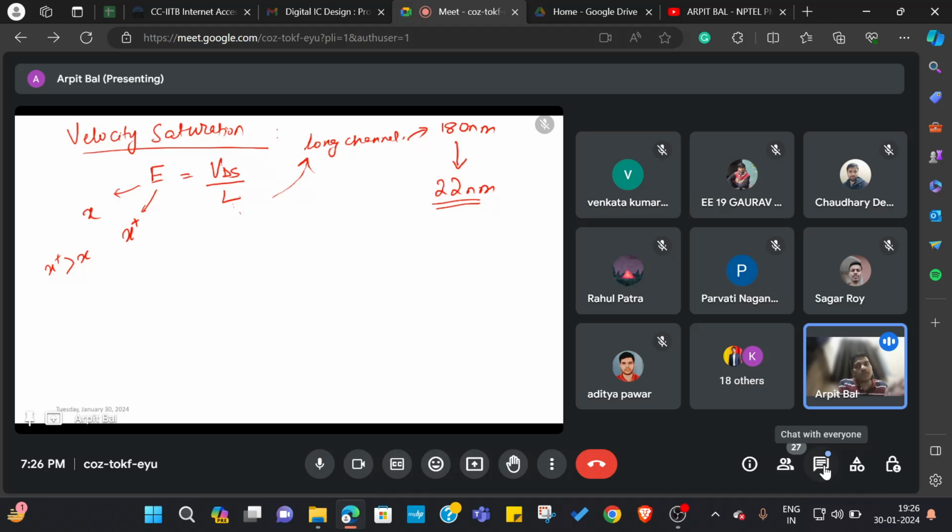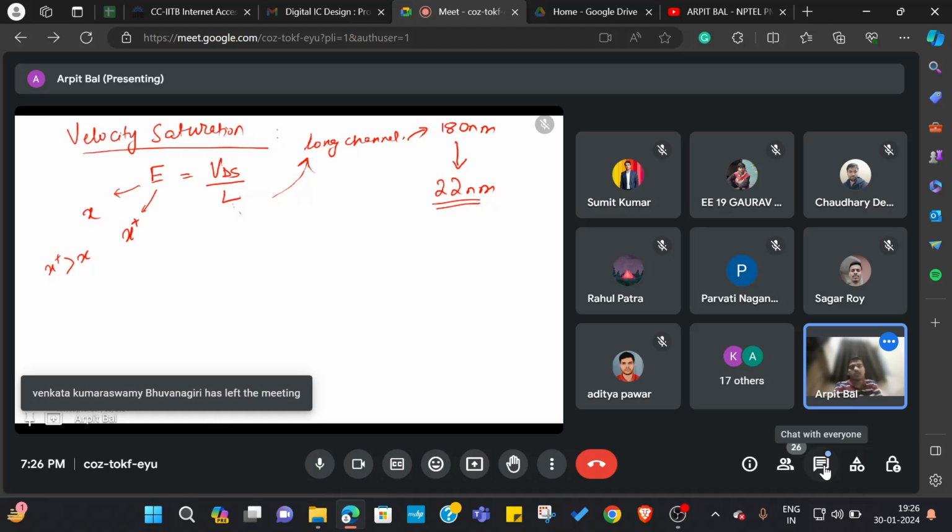But in spite of dropping the VDD, there is only a maximum drift velocity that the electron can obtain in this lattice, and that is about 10 power 5 meter per second.